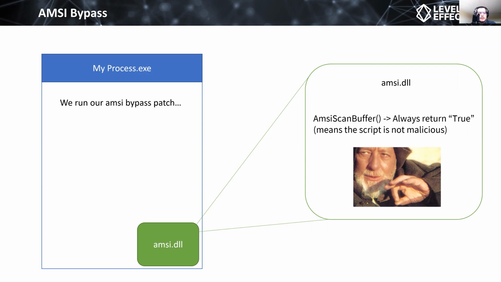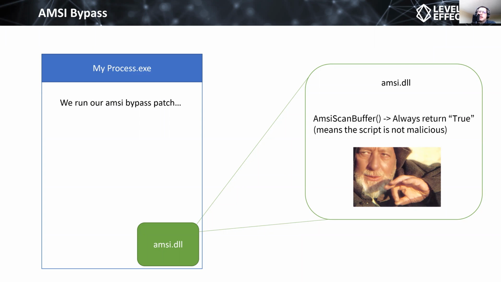Our process on the left-hand side, my process.exe, was my PowerShell terminal. When we run our AMSI bypass patch, we're finding the AMSI DLL that's locally in our process that Windows put there. We didn't put it there, but because of the stack of tools that we're using, like PowerShell, VB scripts, .NET stuff, all of those processes already have an AMSI DLL in them, placed there by Microsoft.